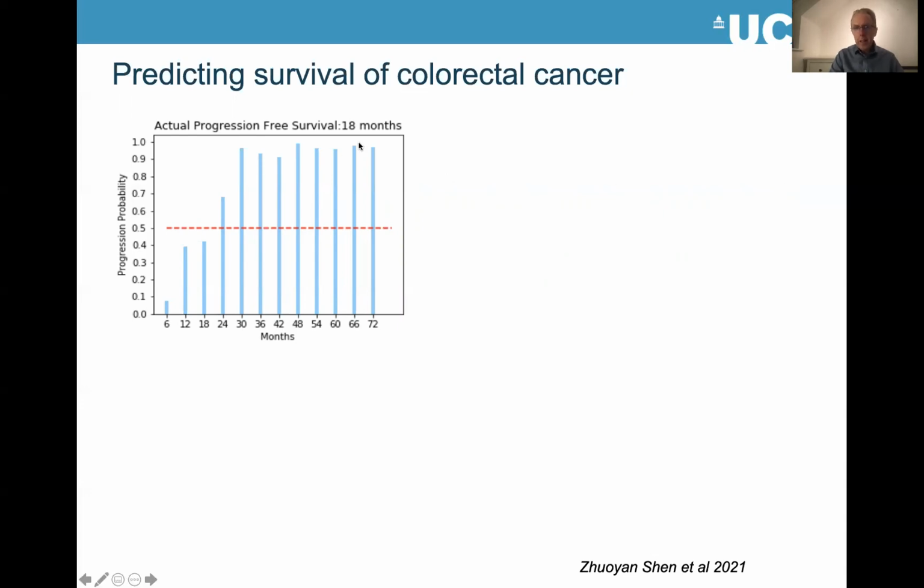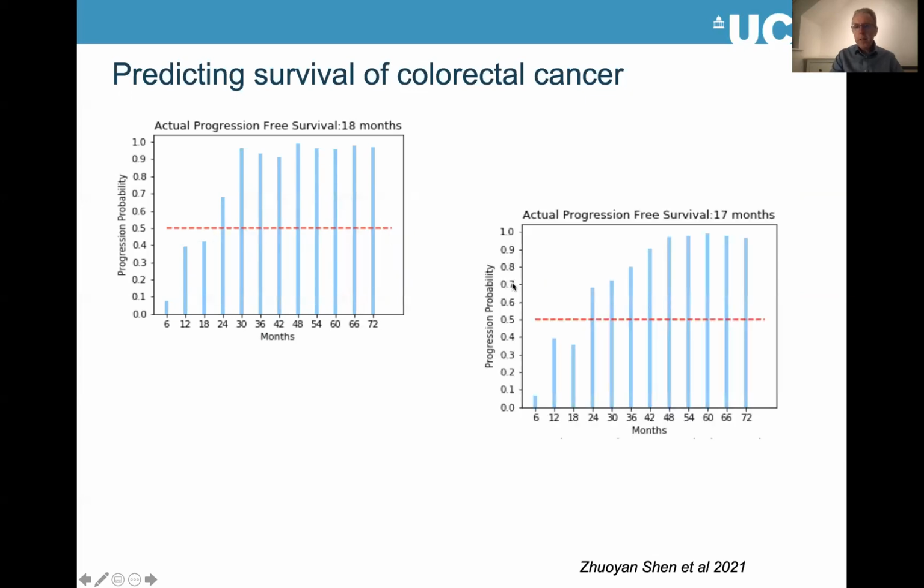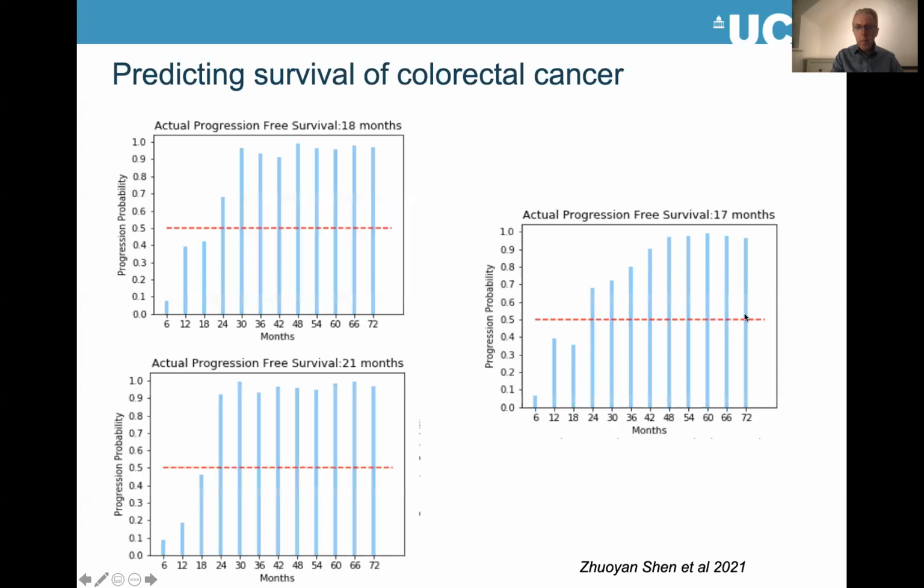Retrospective analysis told us for this patient it was 18 months, which our prediction comes close to predicting. We look at other patients, and again, we can see that we get close to an actual prediction. So far, on the limited number of patients we've looked at, we have an accuracy of just over 85%.